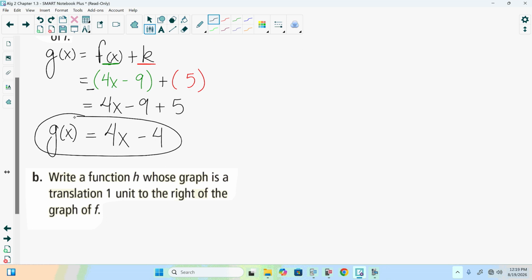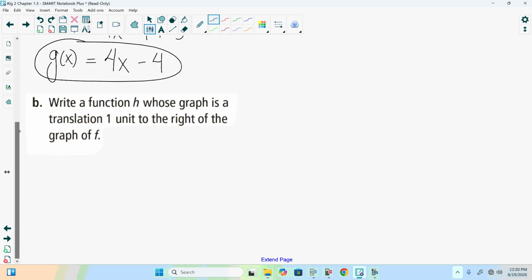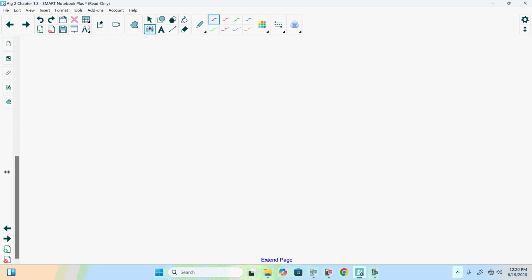What is negative 9 plus 9? 0, so we just have 4x. There's nothing that says we can't just have that constant term, that number, cancel out or simplify out. Questions on this here? No?